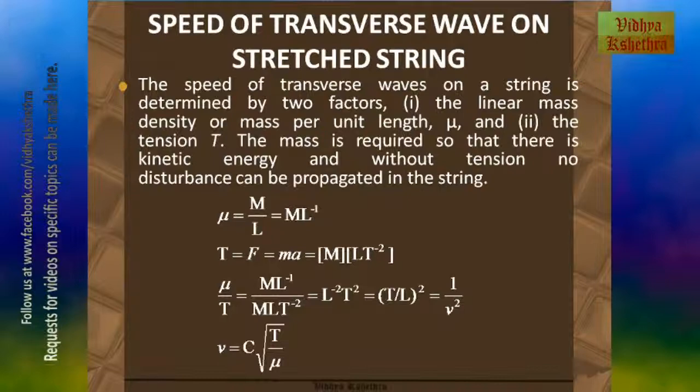Now mu by T is equal to L raised to minus 2 T square, which is equal to T by L square, which is equal to 1 by v square, where v is the velocity of the wave. Hence we get the expression for velocity of the wave, v is equal to c into root of T by mu. Here c is a dimensionless constant.